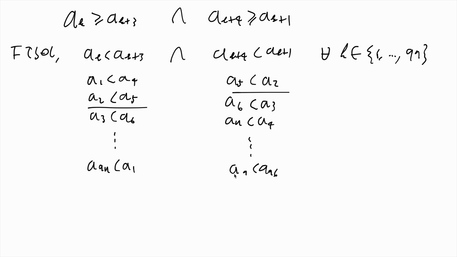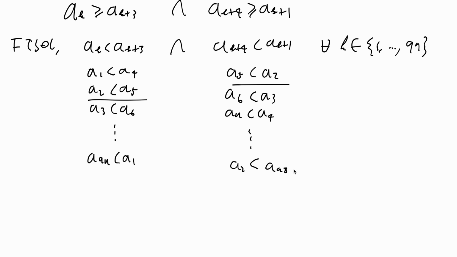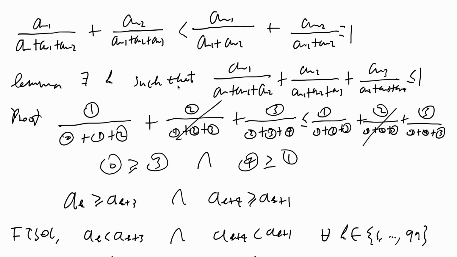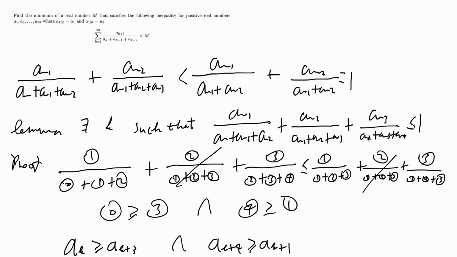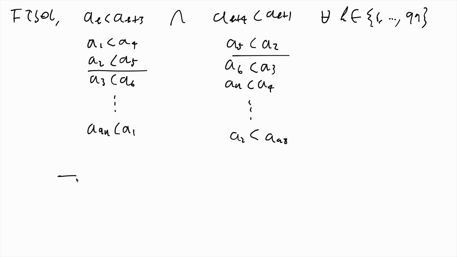We don't have to look at them. Well, I'm just going to write it. So this lemma is true, meaning our summation k equals 1 to 99, 0 plus 1 plus 2, is always less than 49.